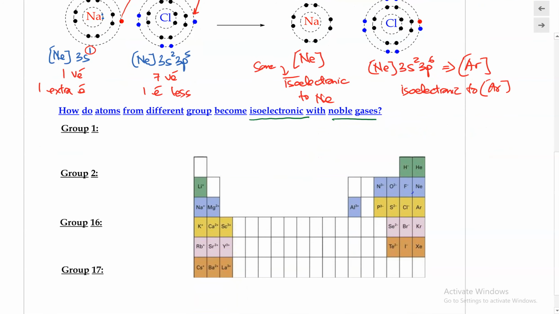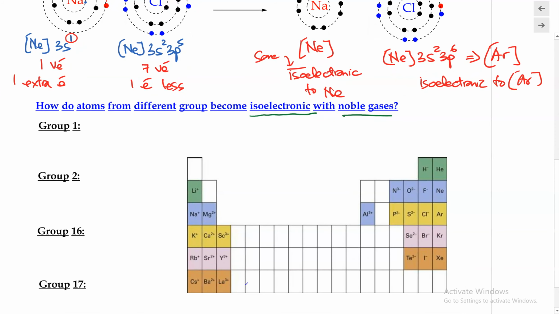So let's now go over some of the trends that we can observe from the periodic table. In this case, group 1 elements tend to lose or give away one valence electron. So as they become isoelectronic with noble gases, they are now producing a +1 cation.